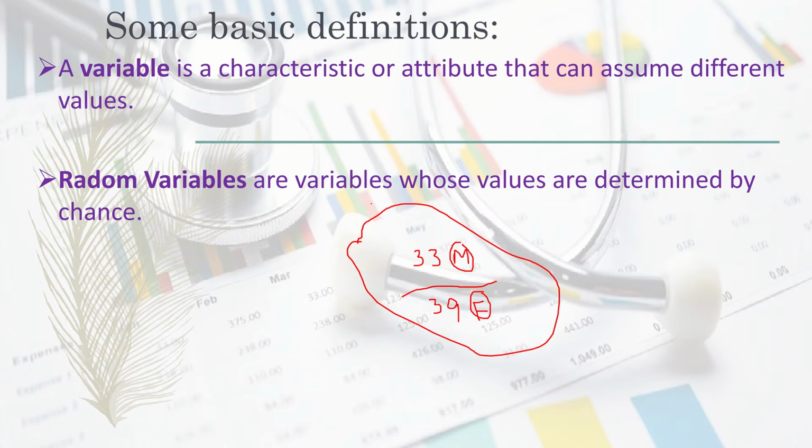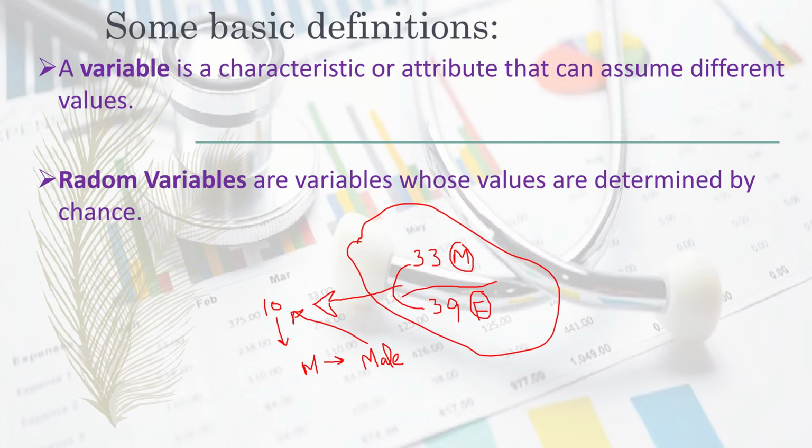If I select a group from this complete class, let's suppose I choose 10 students from this class randomly, right? Then we say m is a variable which represents male students in that selection. Keep in mind, we are not talking about the number of students in the whole class. Now we talk about this selection.